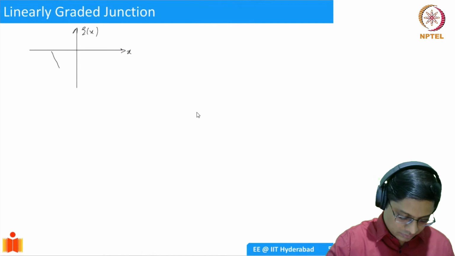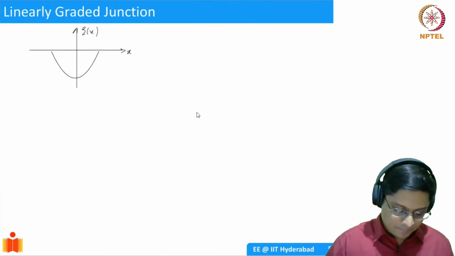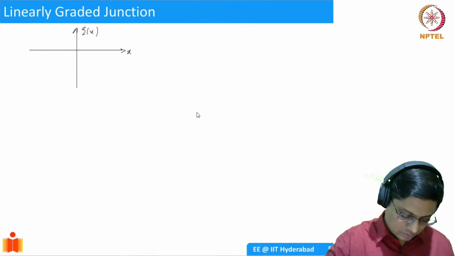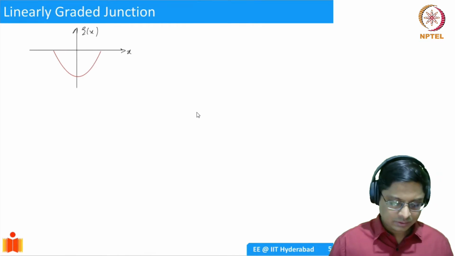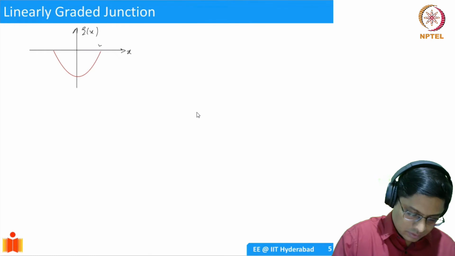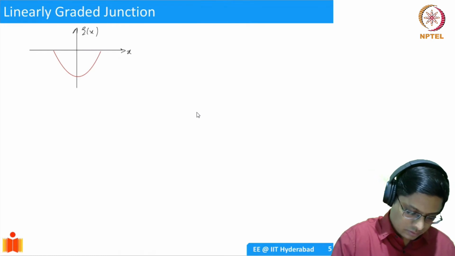So it should be something of the form like this. Okay. So this is your w by 2, minus w by 2.